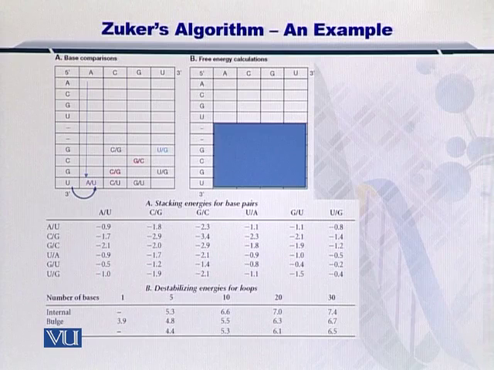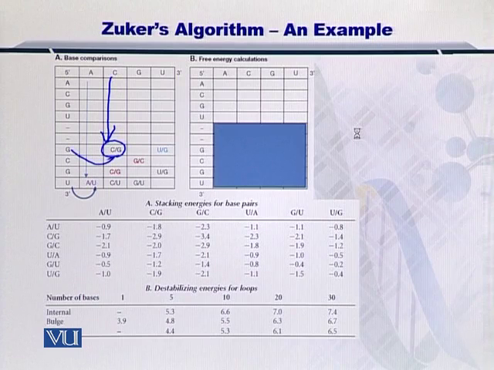Next, we'll find out the next complementary pair. In this case, it is C and G. C is coming from here, and G is coming from here, and so on and so forth. So we will fill this entire table up with complementary combinations.